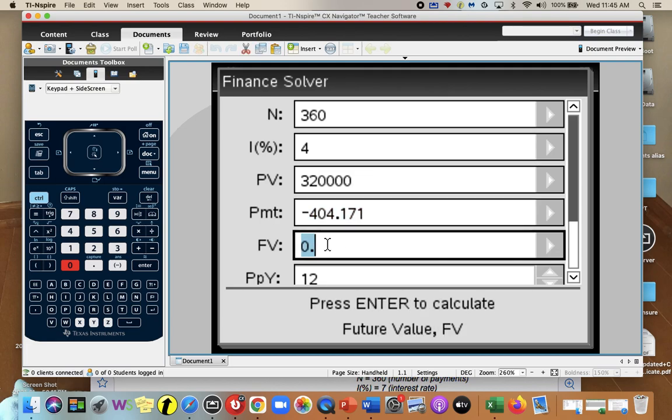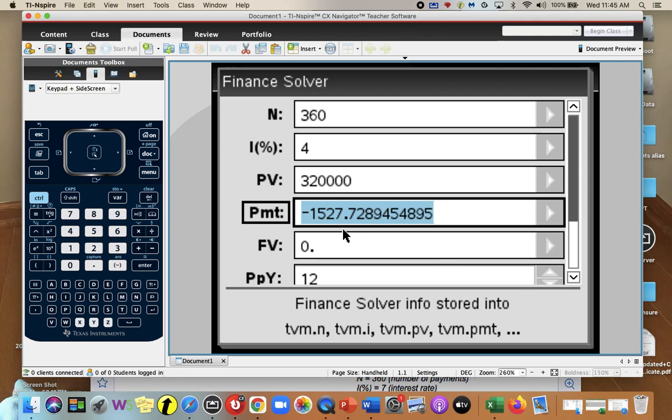The future value, I wonder if I can just delete this and then tab. Future value 0 and then 12. Okay, so now we have to scroll back upward, click on here and then hit enter, and we can see our monthly payment. We'd have to pay monthly $1,527.73.